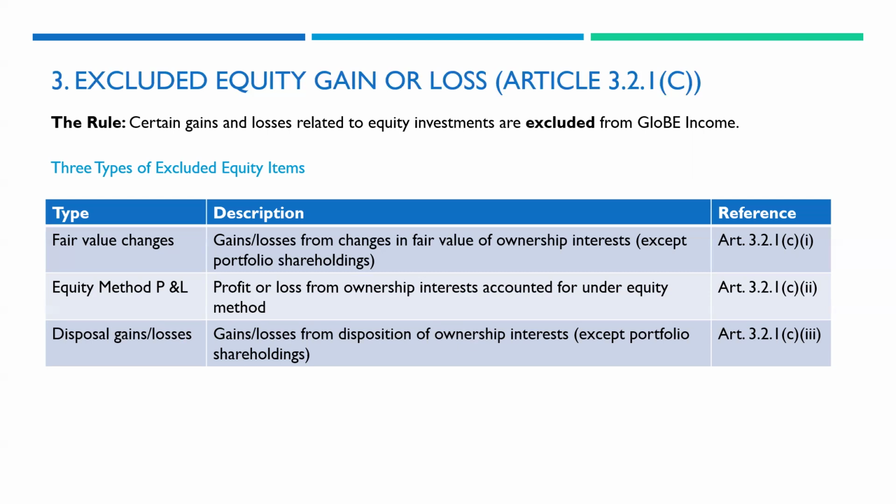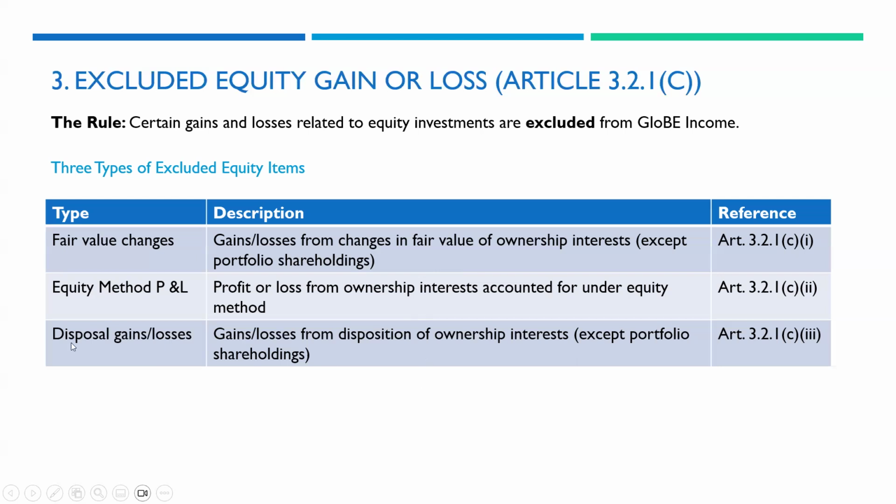The entry would be investment in associate to profit and loss, the equity accounting. In such a case also, you can remove that, no questions asked. If you see such a profit share of an associate, remove that. And also gains and losses from disposition of ownership interest, except portfolio shareholdings.